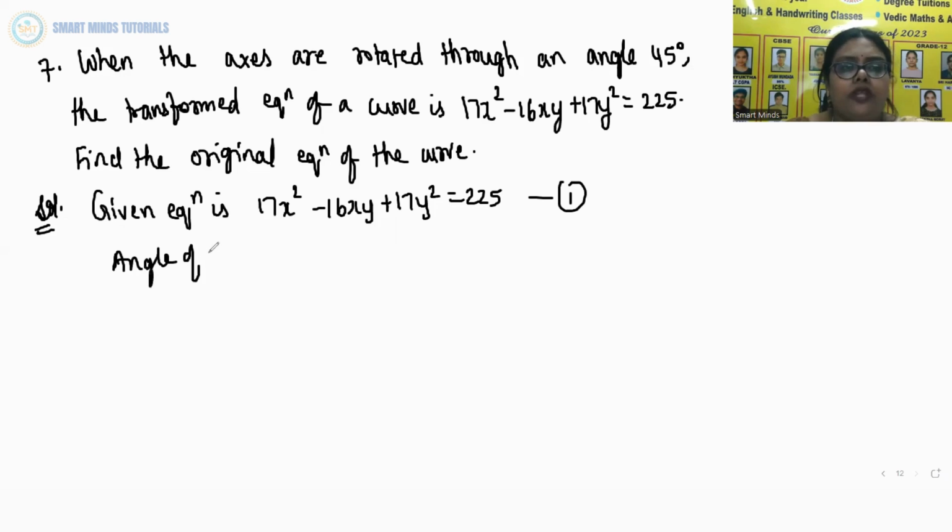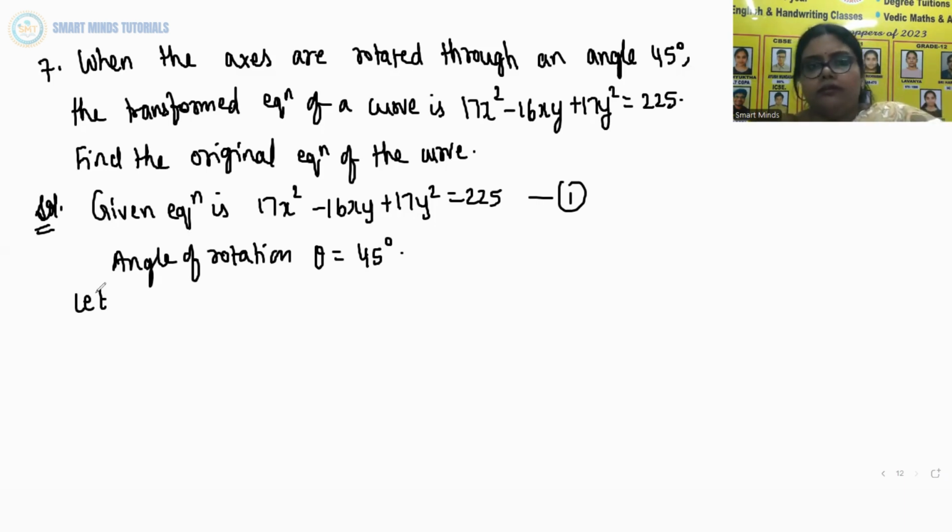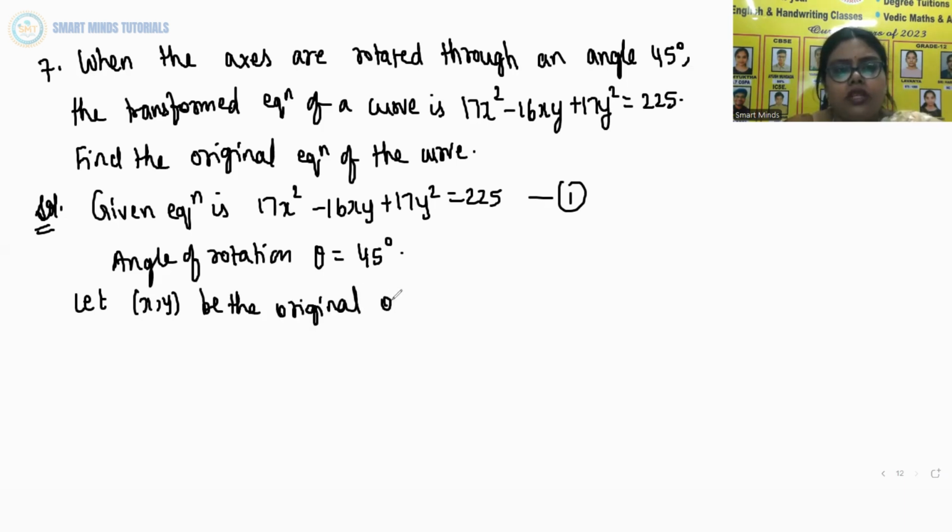Now the angle of rotation is given as theta is equal to 45 degrees. Now because they are asking for the original equation, we will take, let small x comma y be the original coordinates of capital X comma Y. So whenever they are asking for the original equation, we take the new coordinates formula.